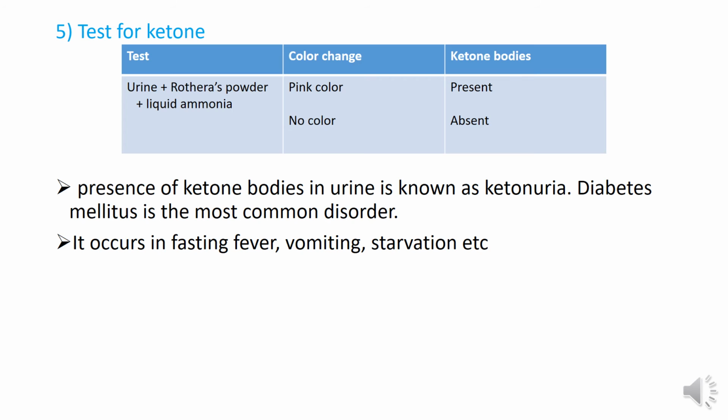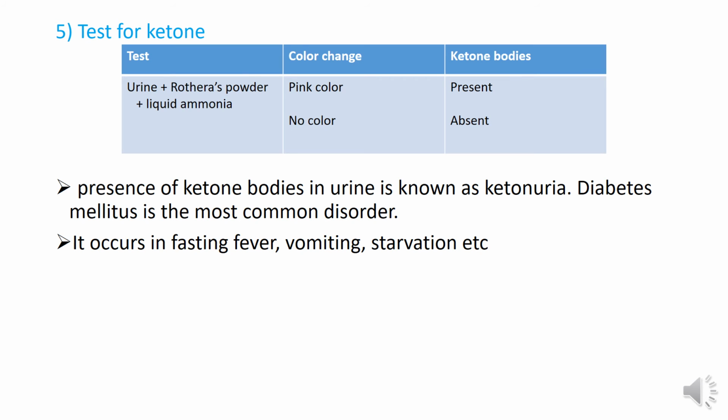The principle is that nitroprusside used in this test reacts with both acetone and acetoacetic acid. Rothera's powder can be replaced by nitroprusside, because the functions of nitroprusside and Rothera's powder are a little bit the same. So in this test you can also use nitroprusside powder.